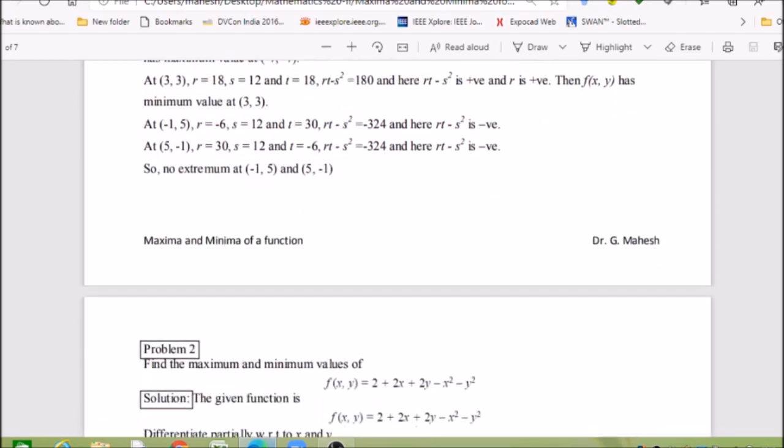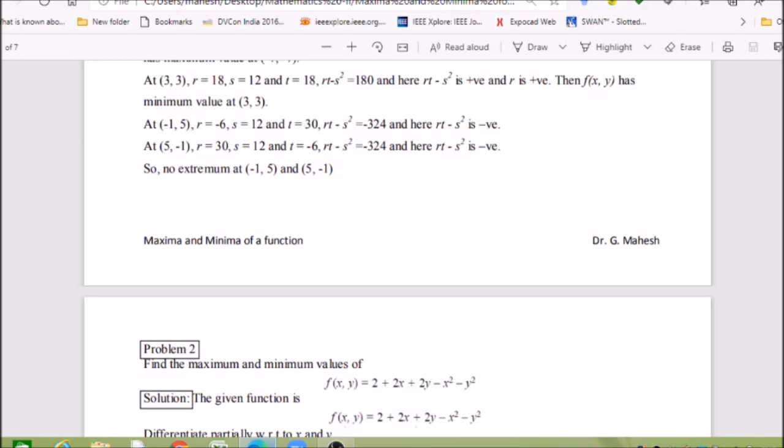And we'll check similarly for the next two stationary points also. At (−1, 5), r is −6, s is 12 and t is 30. rt − s² is −324. So here rt − s² is negative. And at (5, −1) also, r is 30, s is 12 and t is −6. rt − s² is −324.